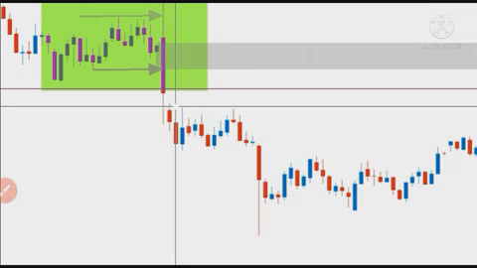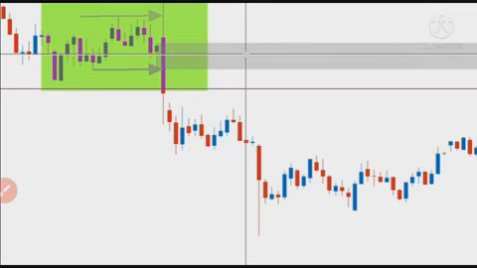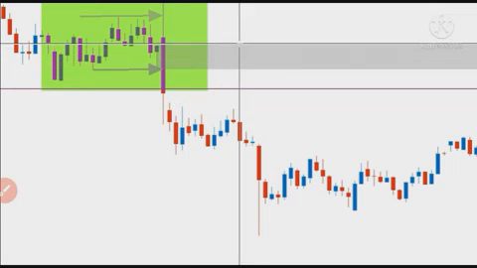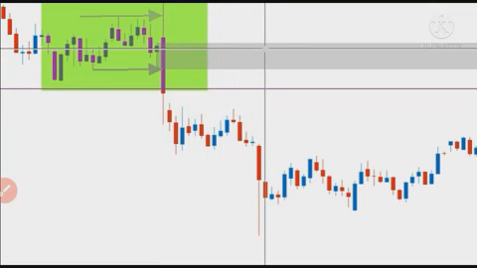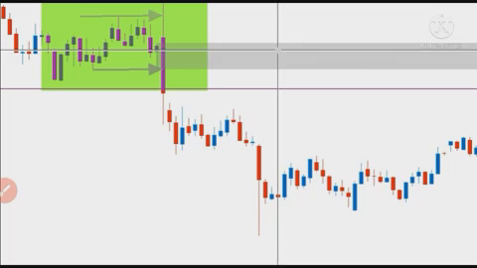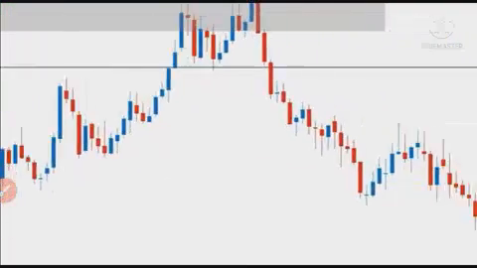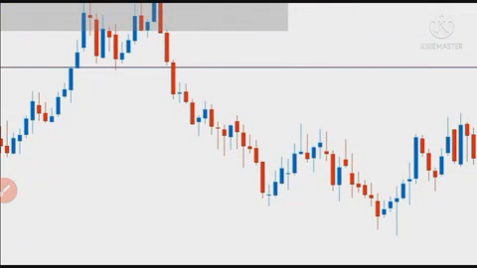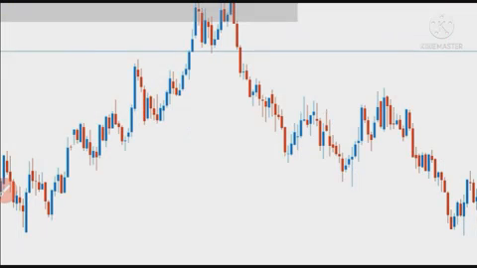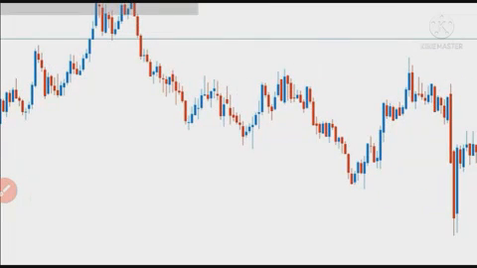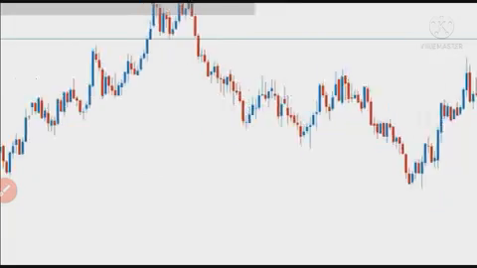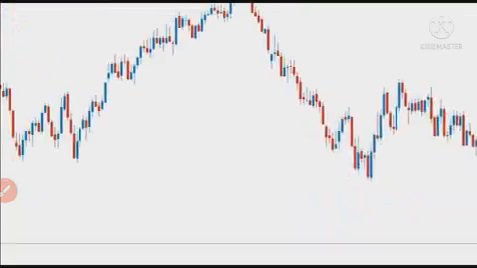So you mark it out. This gray box is our OB. This opposite candle here is your OB. So you wait for price to return to that OB, and here price returned to that OB, and look at how price fell aggressively. See how price fell aggressively.